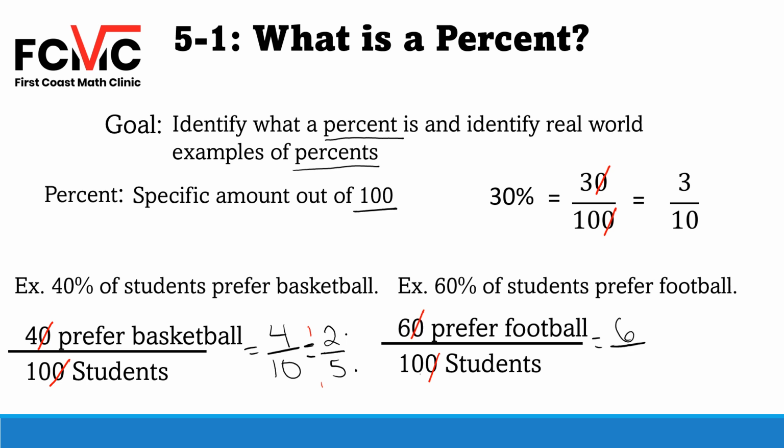So now our ratio is 6 out of 10. So 6 is 2 times 3. 10 is 2 times 5. We can divide the 2 and the 2. We get 1 and 1. So this ratio simplifies to 3 out of 5. So for every 5 students, 3 prefer football. For every 5 students, 2 prefer basketball.